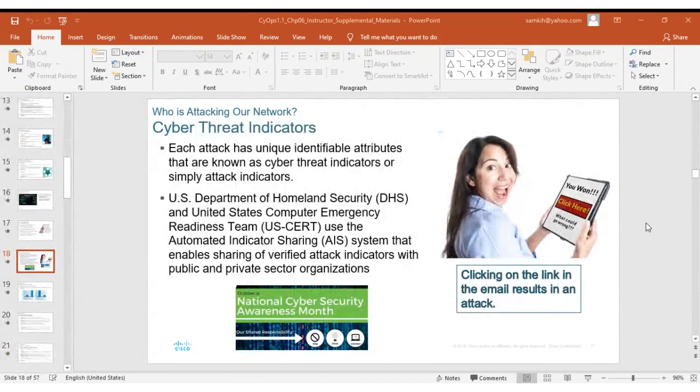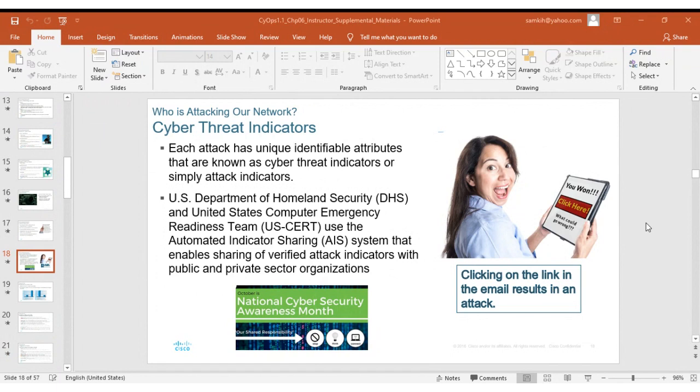So, cyber threat indicators. One, you should know that each attack has unique identifiable attributes that are known as cyber threat indicators or simply attack indicators. So basically, each attack has its own way of being identified.